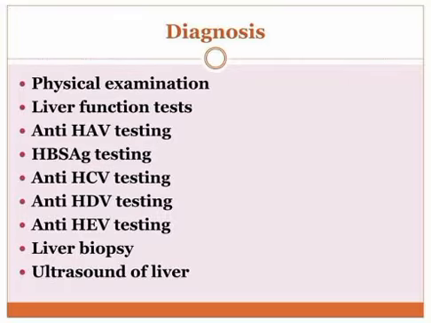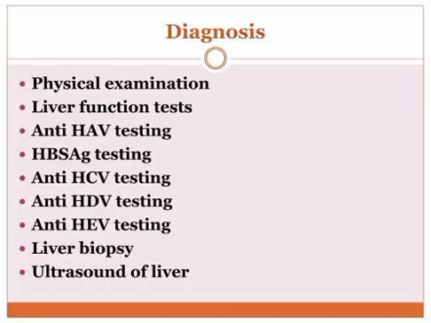Next is the diagnosis. What diagnostic tests can be used to understand the condition of hepatitis? First will be the physical examination. Next will be the liver function test. Next is the anti-HIV testing. That is the test for hepatitis A virus. And next will be the HBsAg testing, anti-HCV testing, HDV testing, HEV testing.